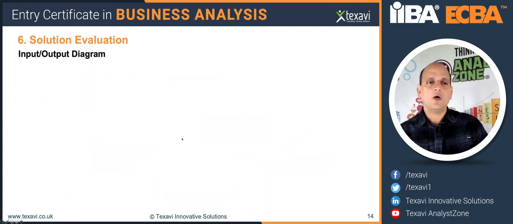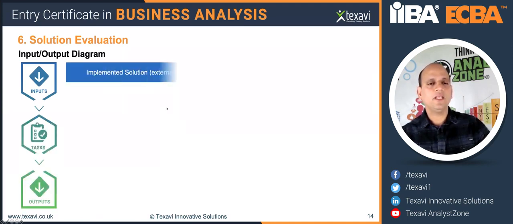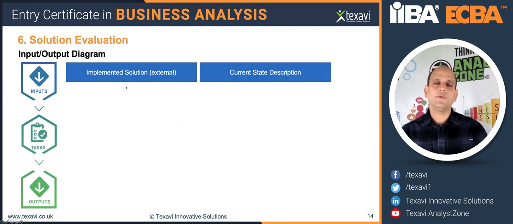So what is the input output diagram for solution evaluation as a knowledge area? Here we've got the implemented solution. If it's external, that would be the input for us. Essentially we're talking about the buy solution, or it could be the current state description, the as-is situation.